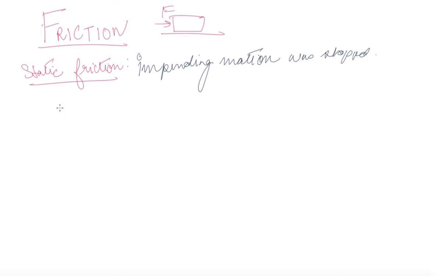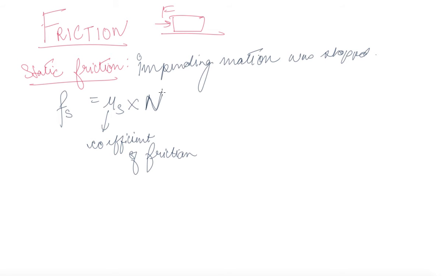So mathematically we can say that Fs is equal to mu s, that is the coefficient of friction, into N. Now what is N? N is the normal force that the object is putting.